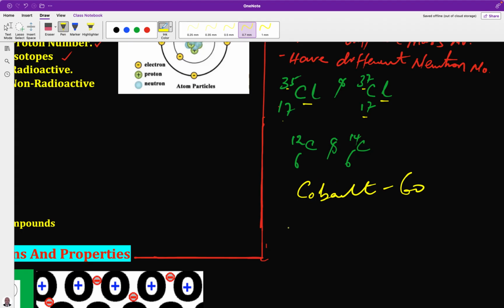On the other hand, non-radioactive isotopes are stable atoms.